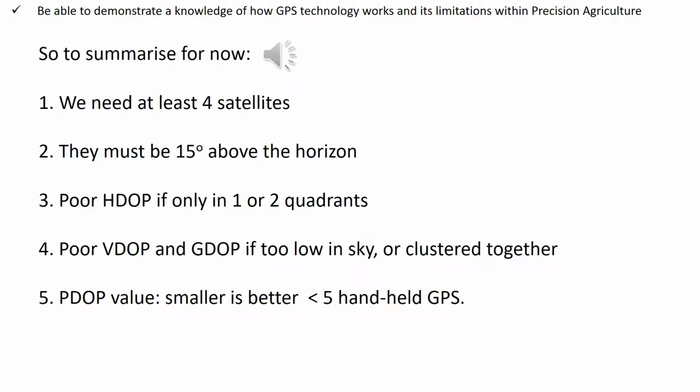There will be poor horizontal dilution of precision if the satellites appear in only 1 or 2 quadrants of the sky plot. There will be poor vertical dilution of precision and geometrical dilution of precision if the satellites are either too low in the sky or clustered together. With respect to PDOP values, smaller is always better, and 5 or less for handheld GPS.